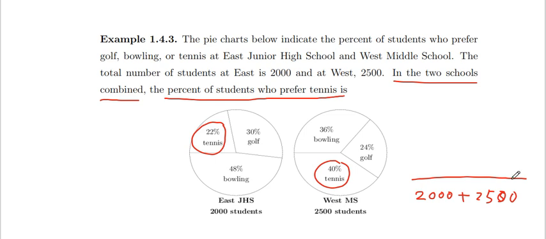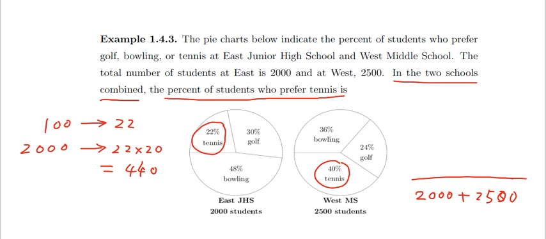Here 22% means among 100 you have 22, and in total we have 2,000. So from 100 to 2,000, we multiply by 20, right? So this equals 440. So in this school we have 440 students who like tennis.